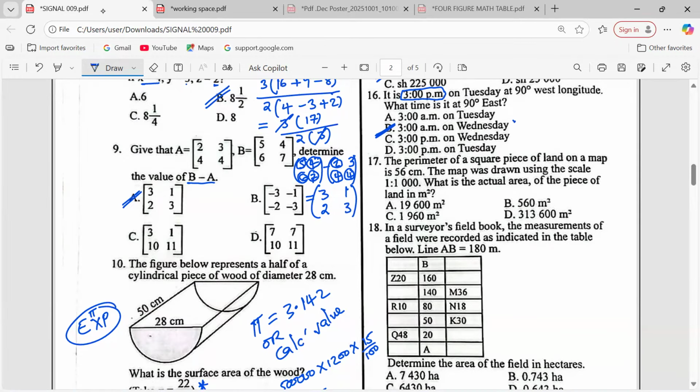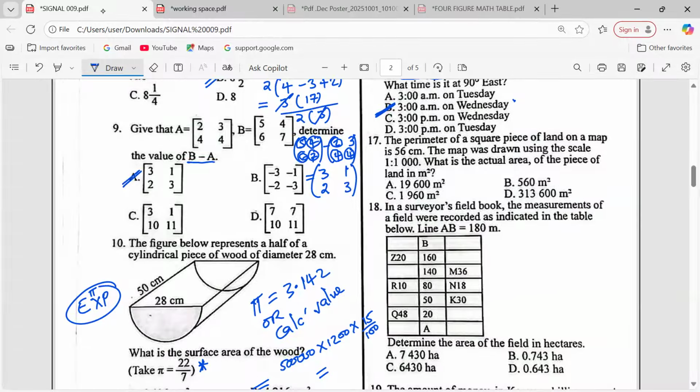The perimeter in number 17 of a square piece of land on a map is 56. The map was drawn using the scale 1:1,000. What is the actual area of the piece of land in square meters?